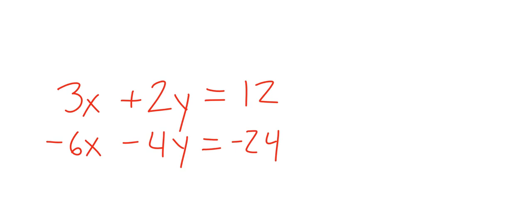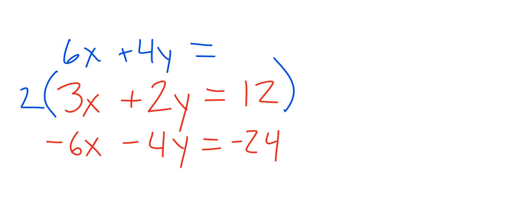Use your elimination and solve it. Okay, so what did you multiply the top equation by? Probably 2, right? And you got 6x and 4y equals 24.